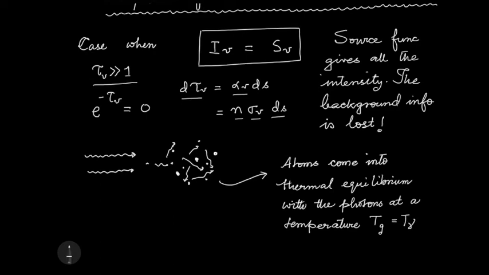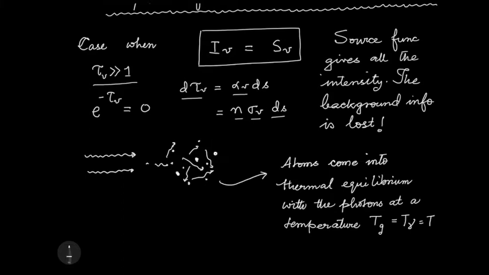So I write Tg, which is the temperature of the gas, but it is in thermal equilibrium with the photon. So the photon temperature is the same as that of the gas. I call it T gamma, and I will just write it as T for the time being.